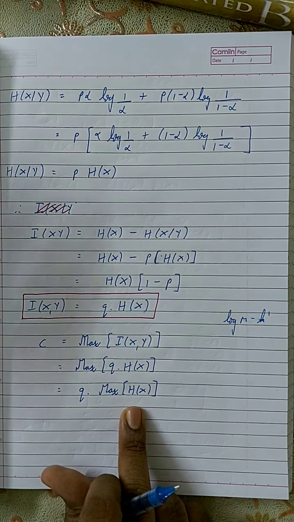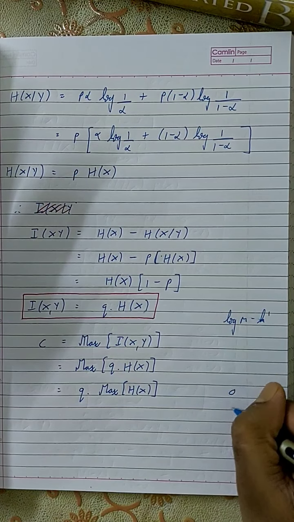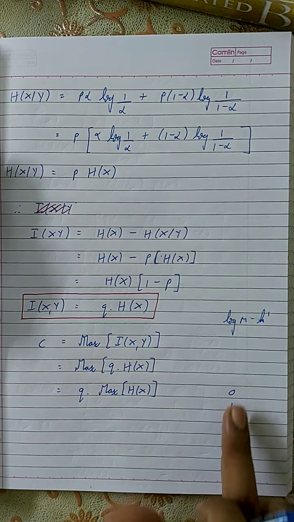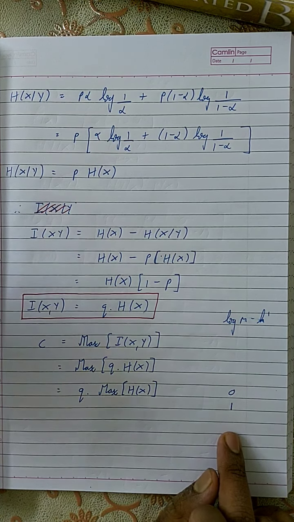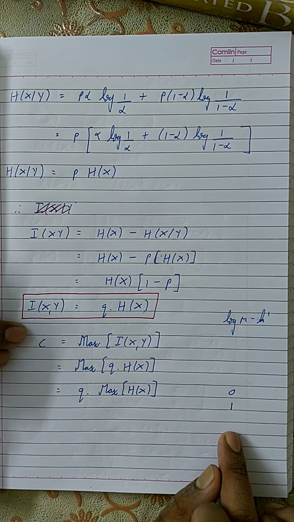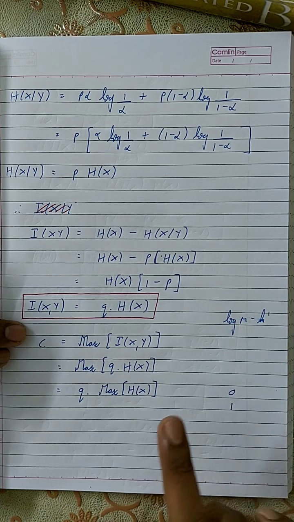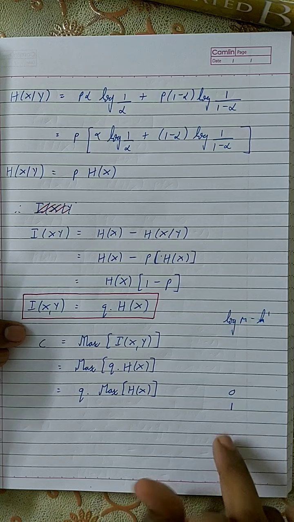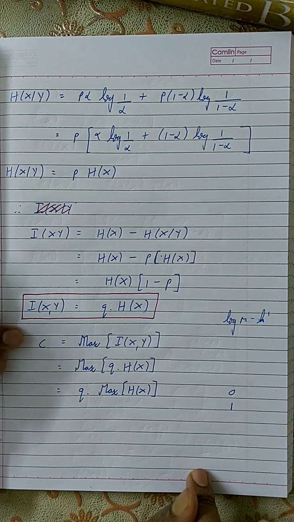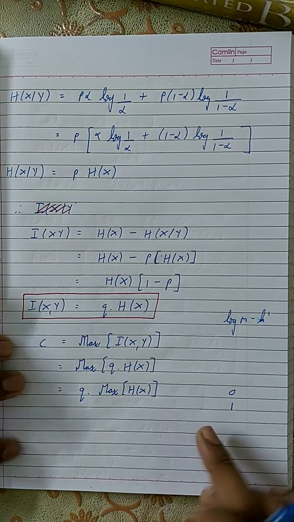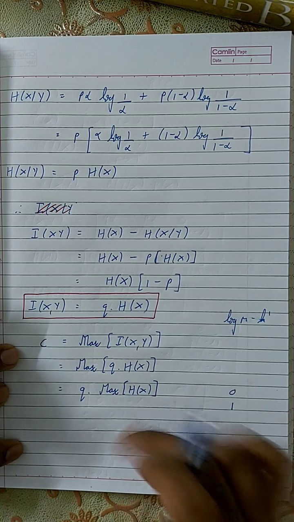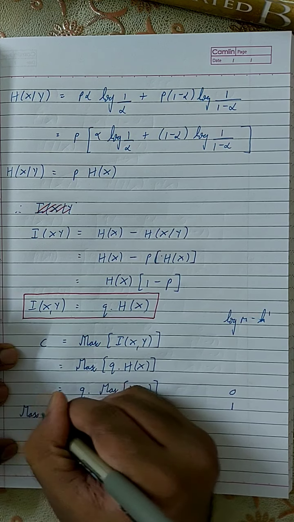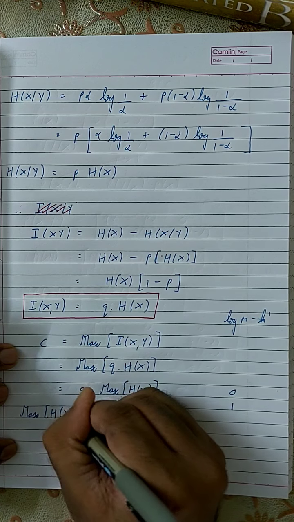So X has two symbols, 0 and 1. Therefore, the total number of transmitted symbols is 2, and this entropy becomes maximum when the probability of every message becomes 1 by 2. The maximum value of H(X) is nothing but 1. I will prove that to you.